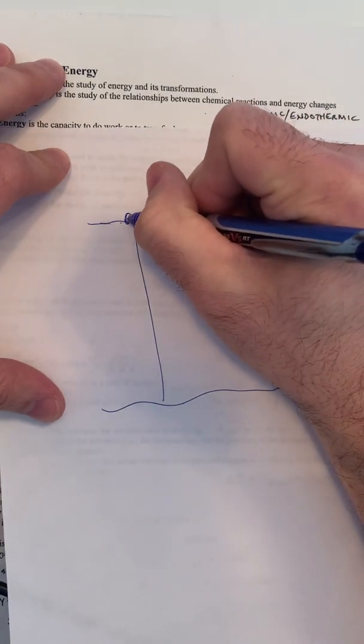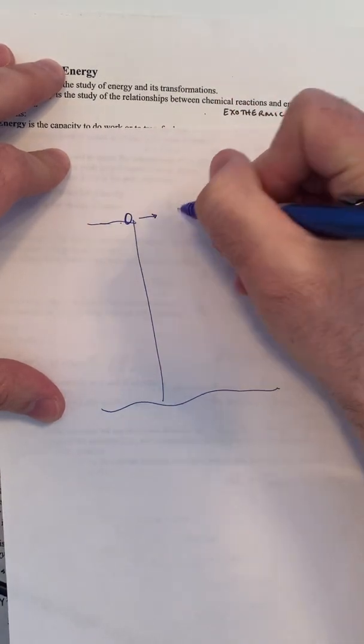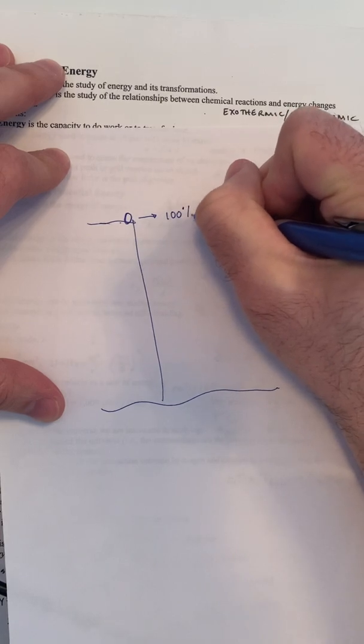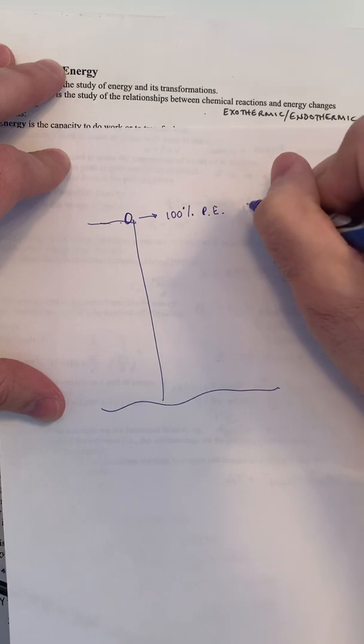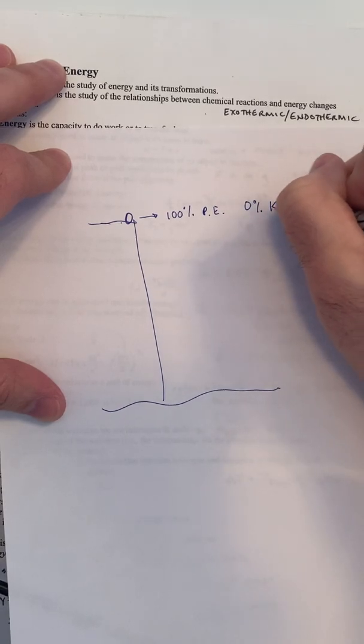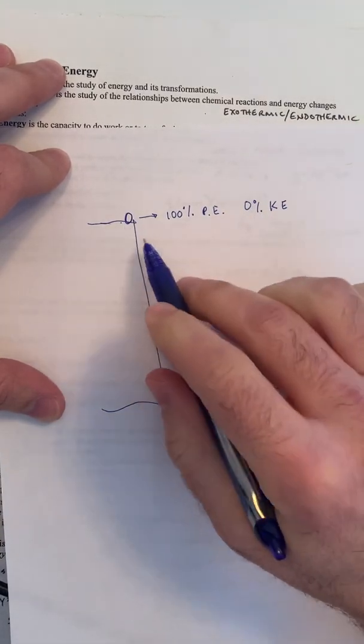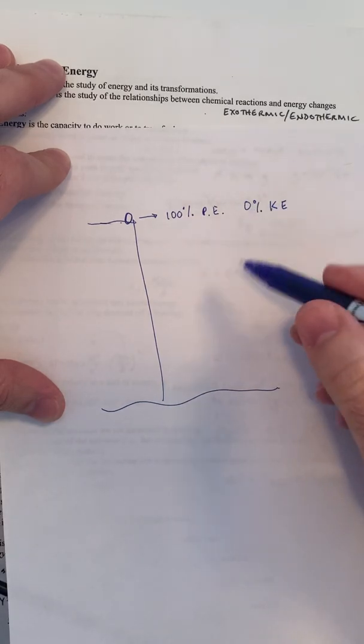Okay. So when the ball is sitting up here, 100% of its energy is potential. And it has no kinetic energy because it's not moving. Okay.